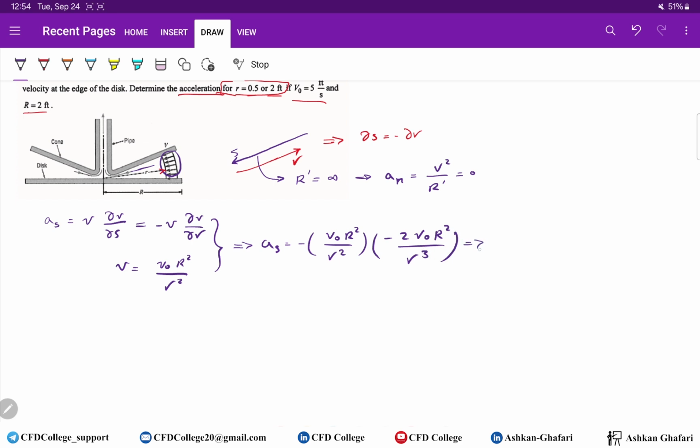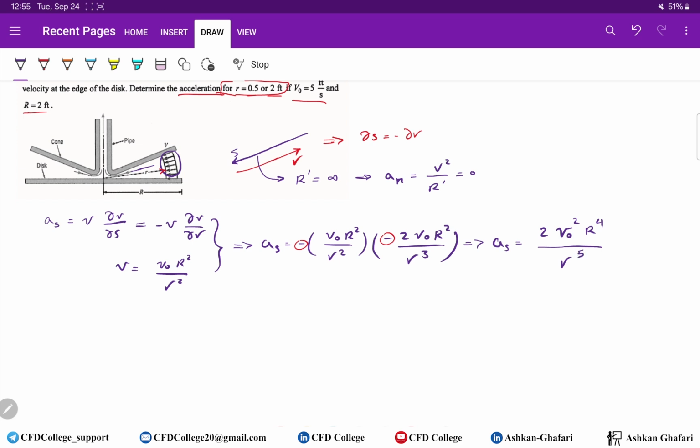So as equals, we have two negative signs, they cancel each other, so as equals 2 v naught squared capital R to the power 4 divided by r coordinate to the power 5.